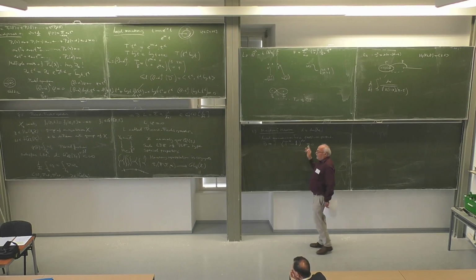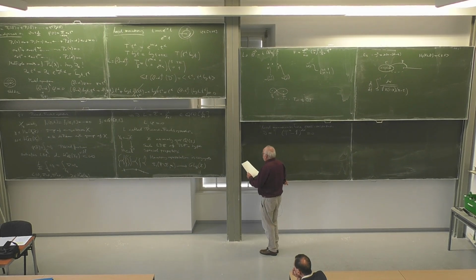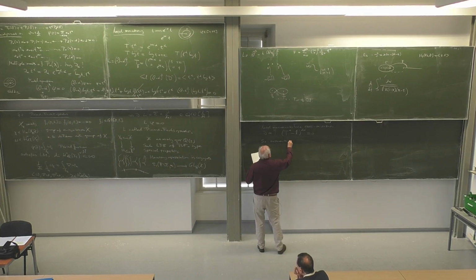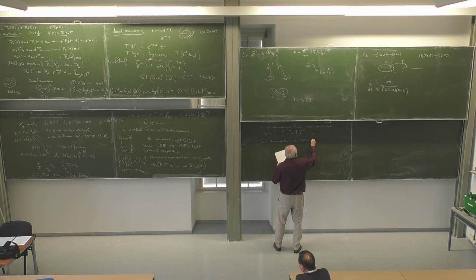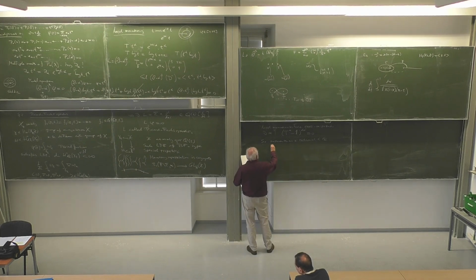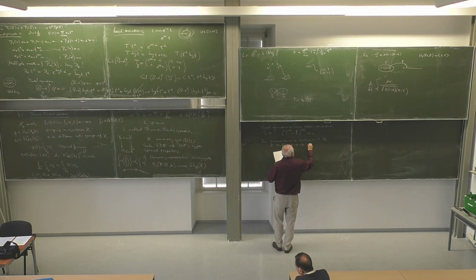So the exponents are rational, and we have a bound on the size of the Jordan blocks.